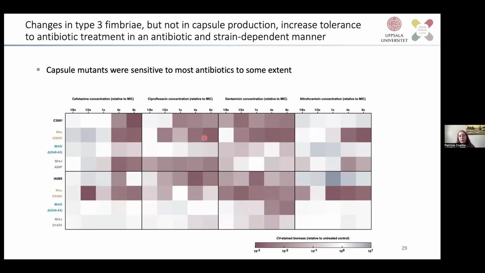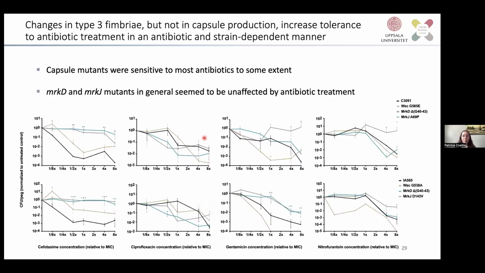And if you look back into the serum killing, I said that the WZC mutants were extremely sensitive to serum. So it seems that we are having a pattern here. WZC mutants are not only sensitive to serum, but they're also more sensitive to antibiotic treatment. But on the other hand, the MRKD and MRKG mutants are very much unaffected by antibiotic treatment, even at high concentrations.